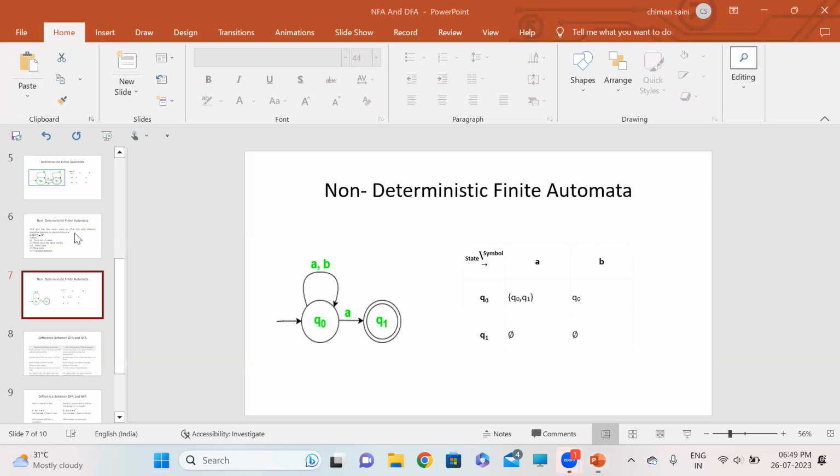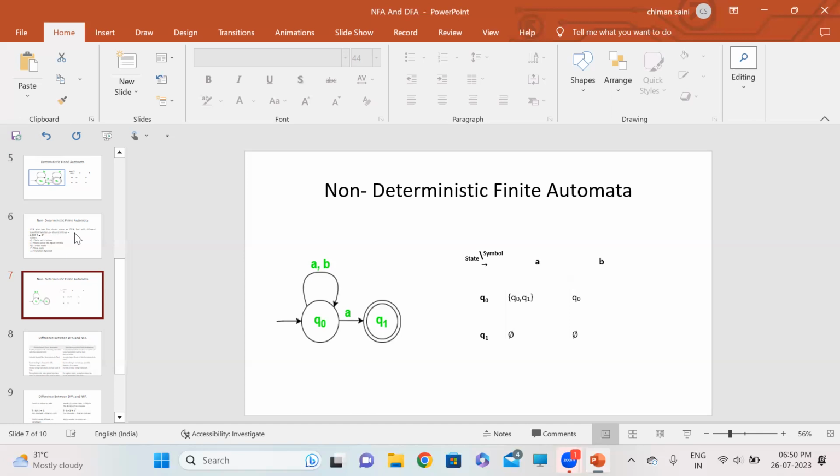At state Q0, when we apply A, we move to the same state, that is Q0. And on the other side, if we apply A, then we move to the state Q1. So look at the state transition table: at state Q0, after applying the input A, we can move to 2 states, that is Q0 and Q1.